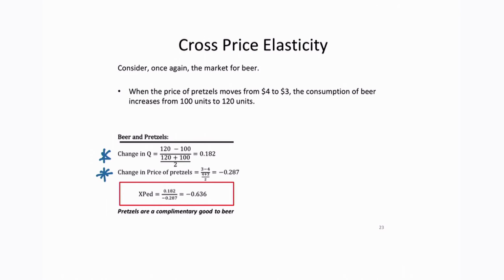Okay, so then we take the change in the quantity of beer divided by the change in the price of pretzels, and this gives us a cross-price elasticity of demand of negative 0.636. So what does this tell us?